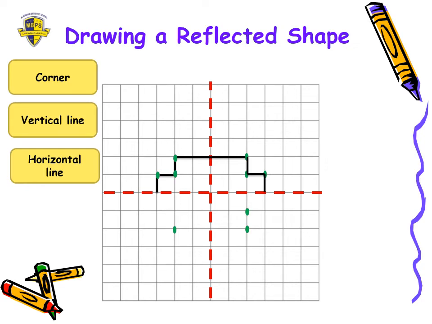Now 1 square, and the other side also 1 square down, then 1 square down, and there also 1 square down. Then I match between the dots. Okay, so this is the reflected shape. Don't forget, grade 4: first corners, then vertically, then horizontally.